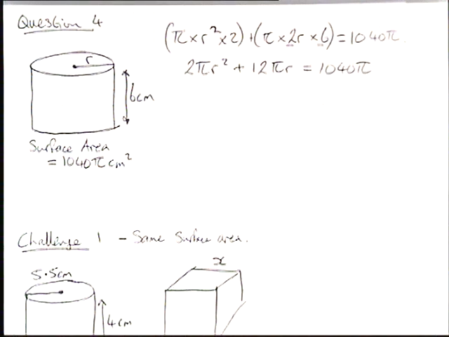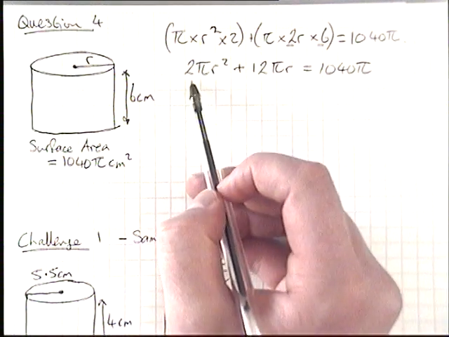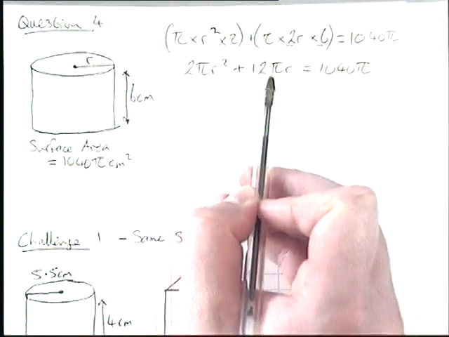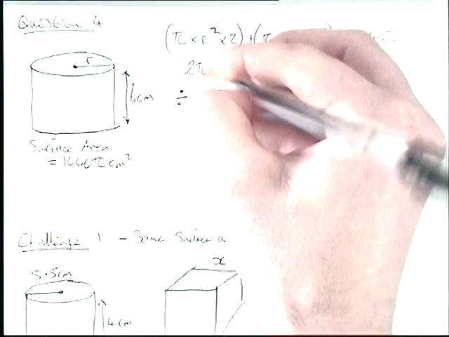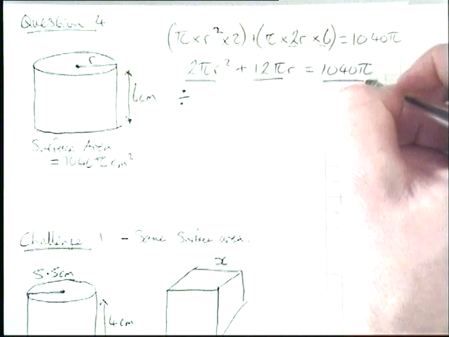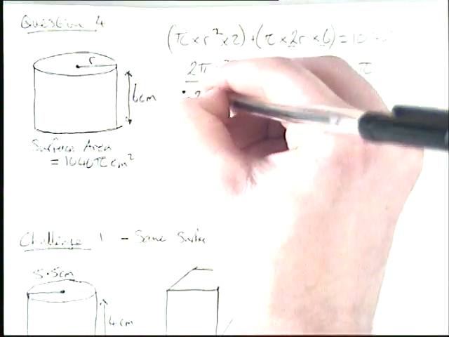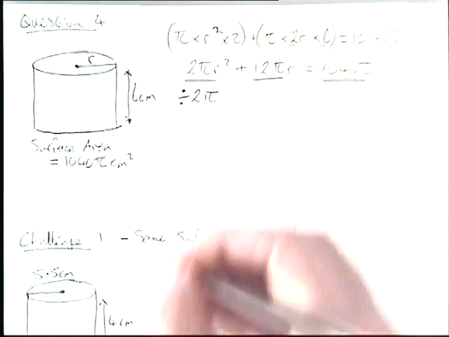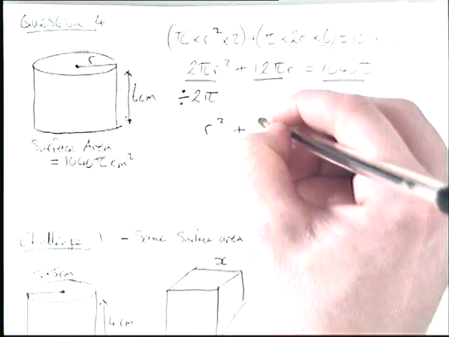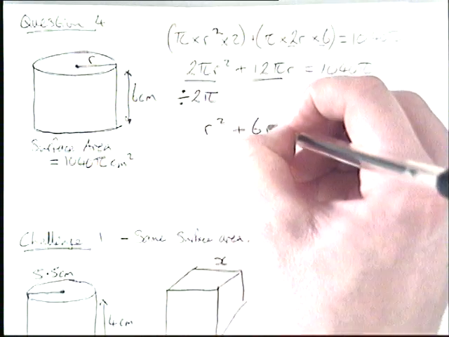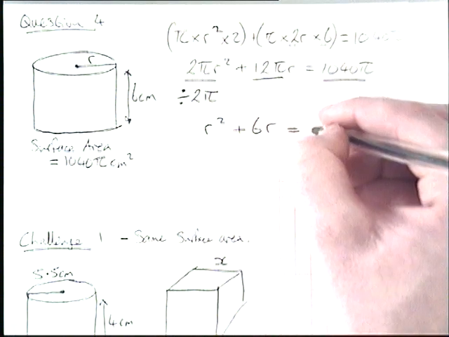Now each number is a factor of 2, so we're going to divide through by 2 pi, because each term also has a pi in it. So we're going to divide every single term by 2 pi, which is going to leave us with r squared plus 6r equals 520.